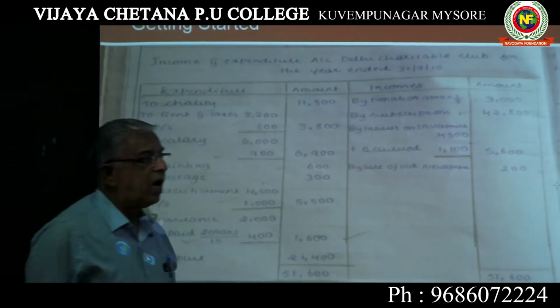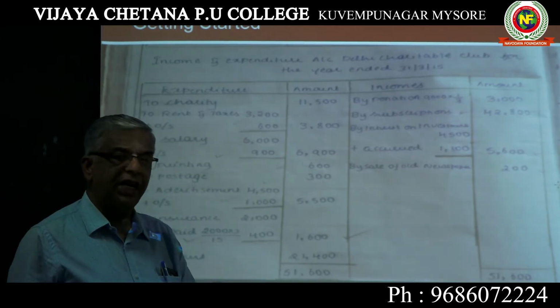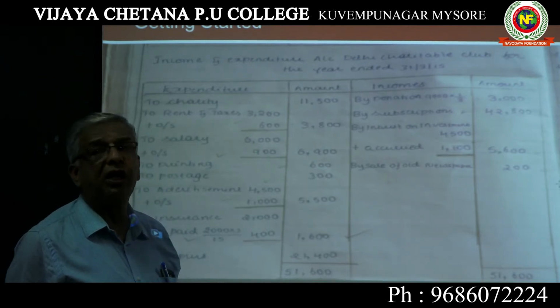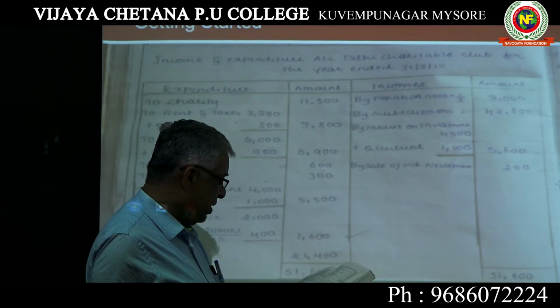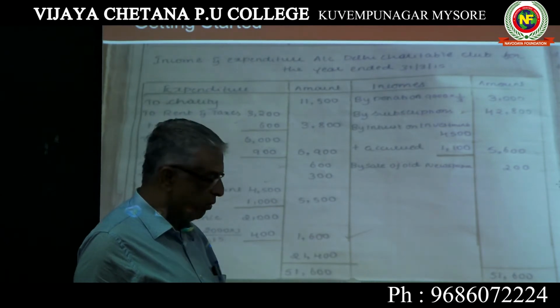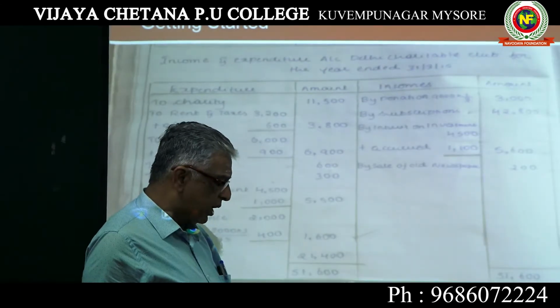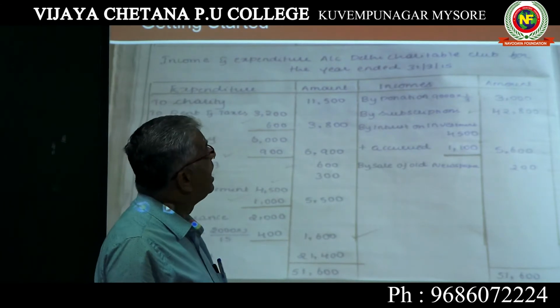Now I would like to take up the receipt side first. Here he has given donation, and one adjustment, A, relates to it. Just go through this, students. It was decided to treat 1/3 of the amount received on account of donation as income.